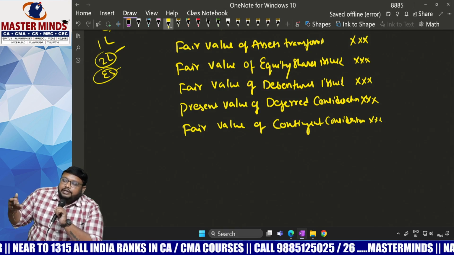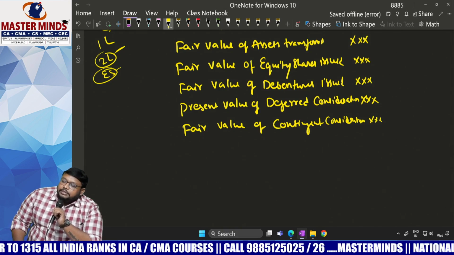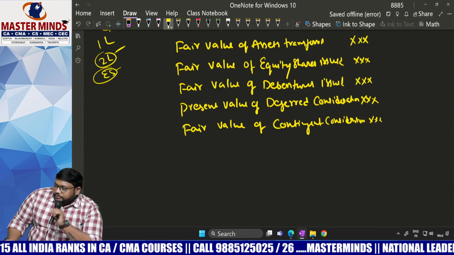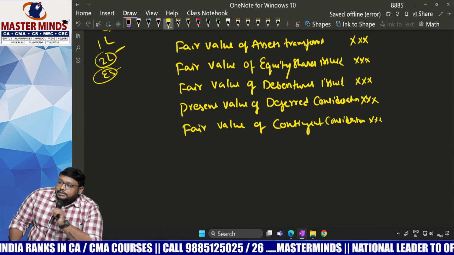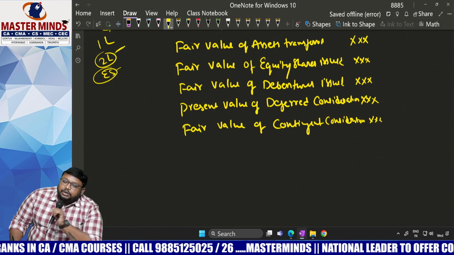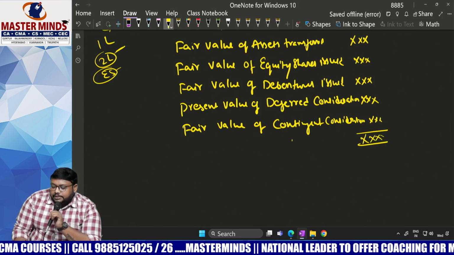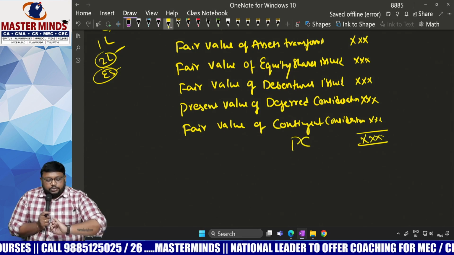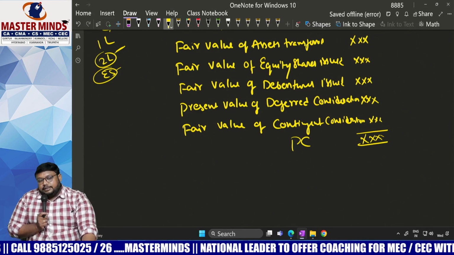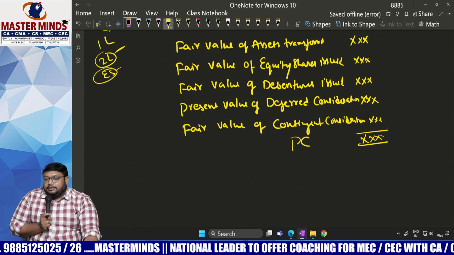In the future I will deliver this number of shares, I told them. So what is the value in the future? We don't know. Okay, such conditions we can call contingent considerations. Such contingent considerations also we will consider, and the total value will be considered as purchase consideration. Like this we will determine the purchase consideration.